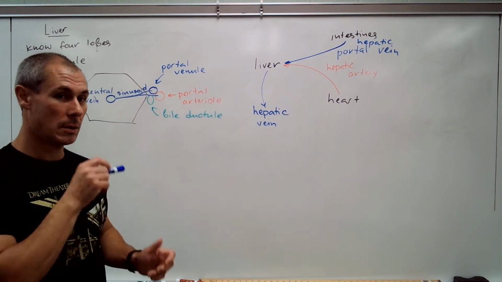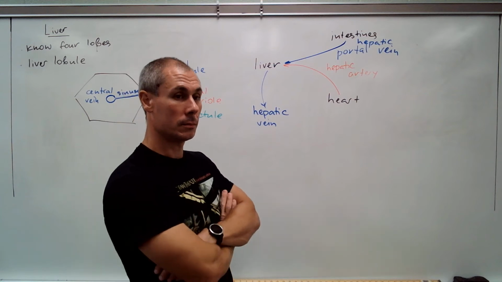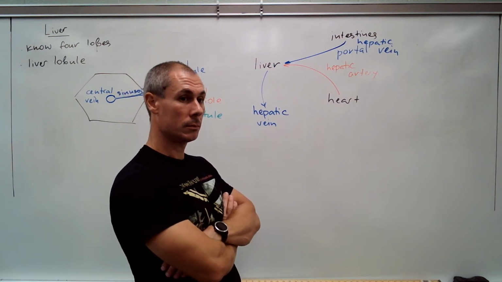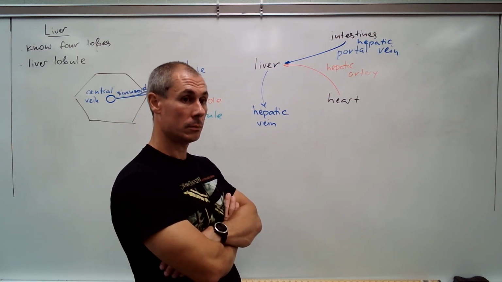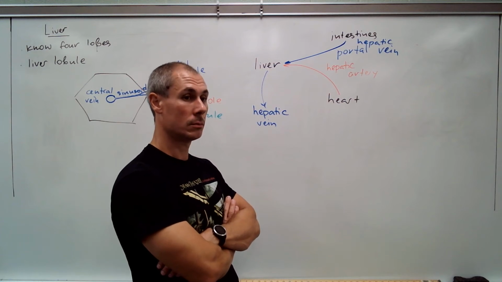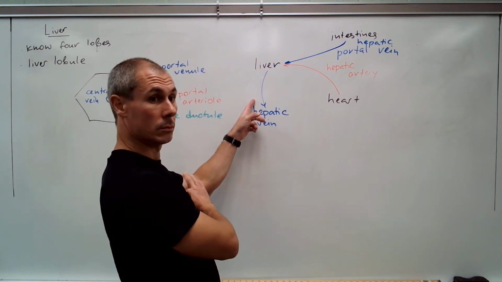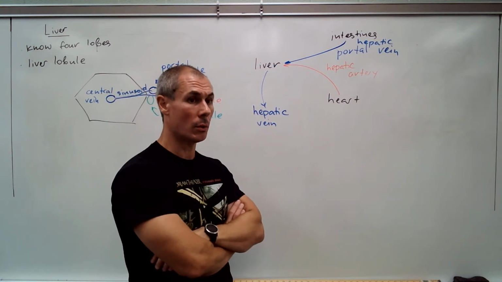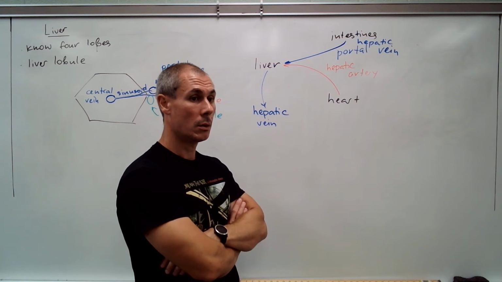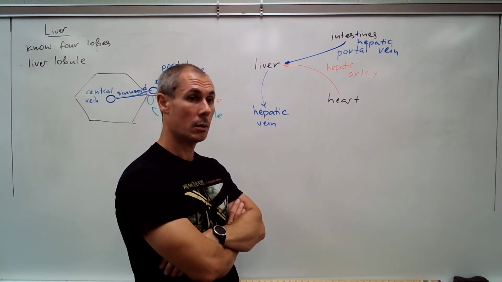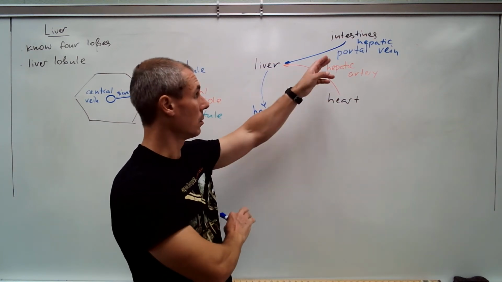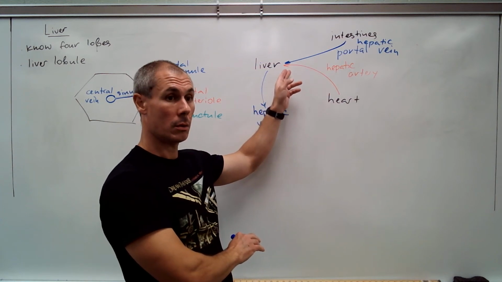So, because the hepatic artery is sending oxygenated blood, is the blood that's going through the hepatic vein still deoxygenated? Oh, yes, of course. Is it just that the deoxygenated blood from the portal vein is more than the oxygenated?